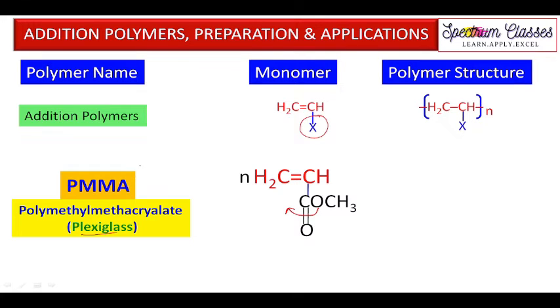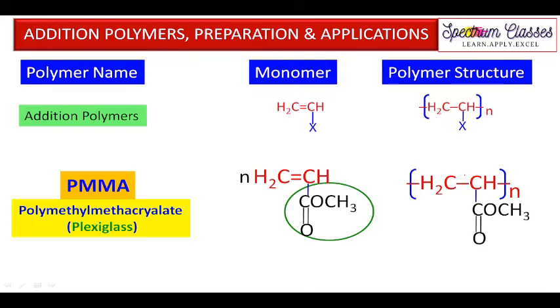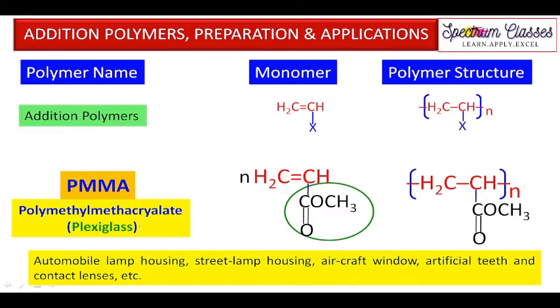So this is very very important, and most of the time this polymethyl methacrylate has been asked, so you have to understand this. So what binding sites we have chosen, since this is not the acetate, so C double bond O, OCH3, and its polymer is like this, no double bond is there and there are extensions and whole times n. Clear? And the applications of this polymethyl methacrylate, it is used for automobile lamp housing, street lamp housing, aircraft windows, artificial teeth and contact lenses, etc.